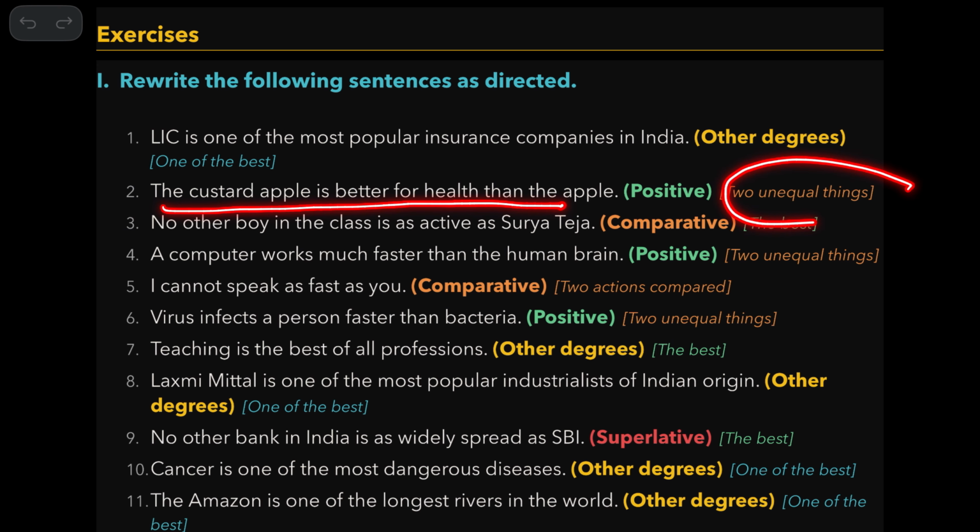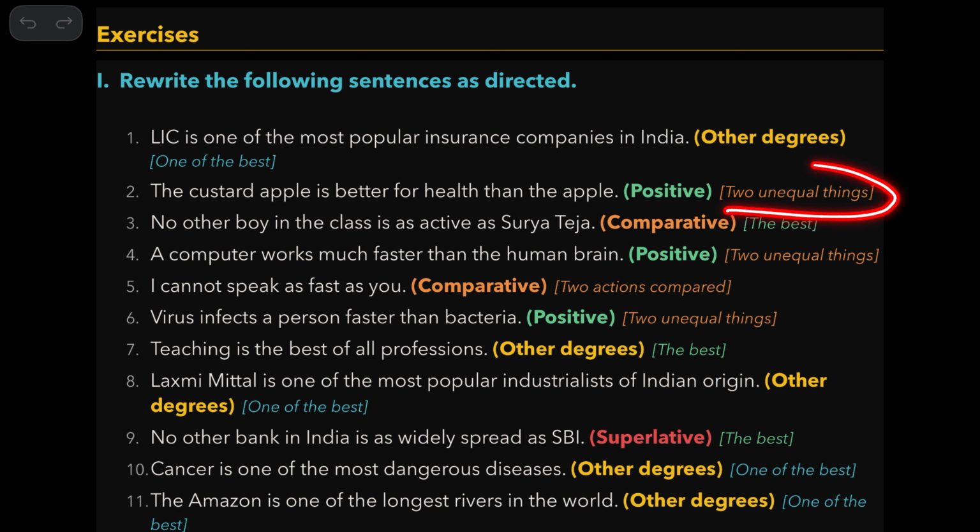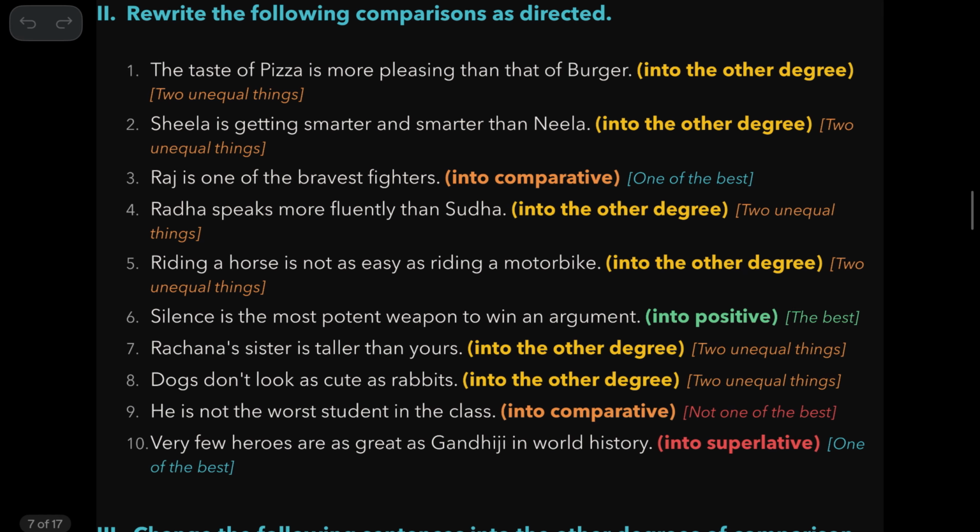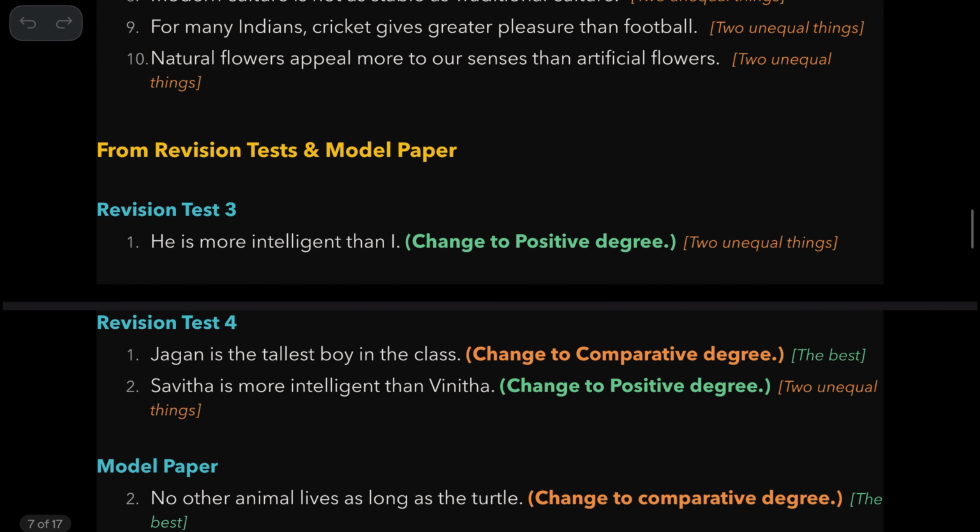So it belongs to pattern number 3, unequal things. So recognizing which pattern the question sentence belongs to helps you think of the correct answer. Now I'll take you to the key directly. There I'll explain all these questions.